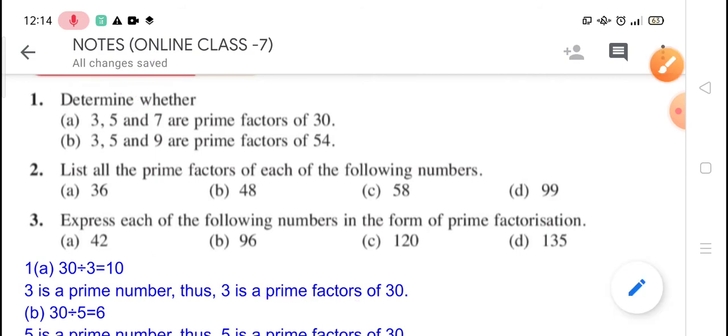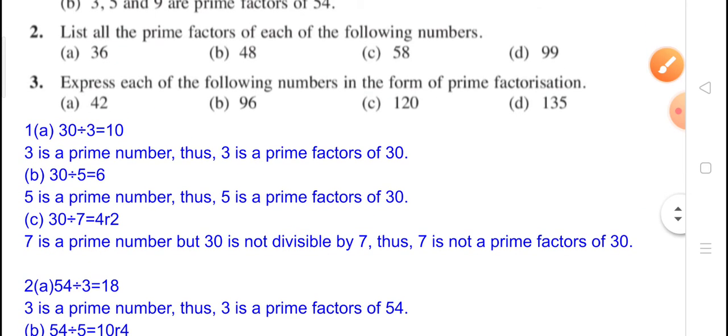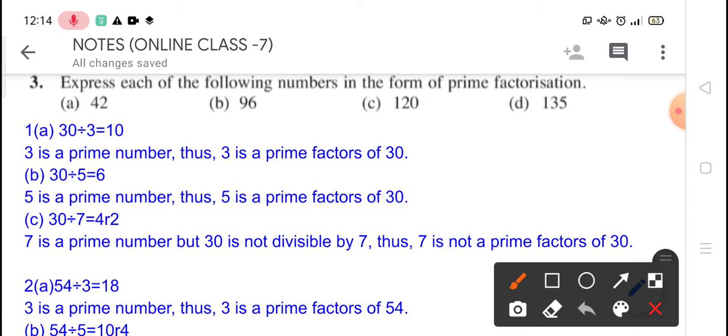Okay, next we continue with B. Is 5 a prime factor of 30? So we divide, yes. 5 also is a prime number. So 5 is a prime factor of 30. Next, question C. Is 7 a prime factor of 30? So now we do division, but unfortunately we get a remainder.